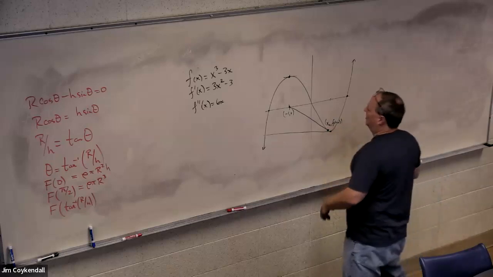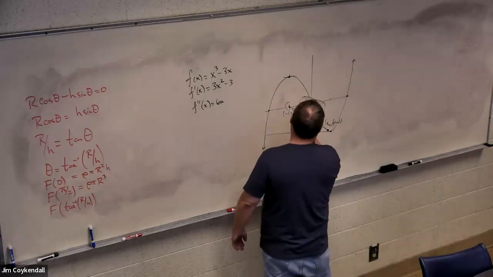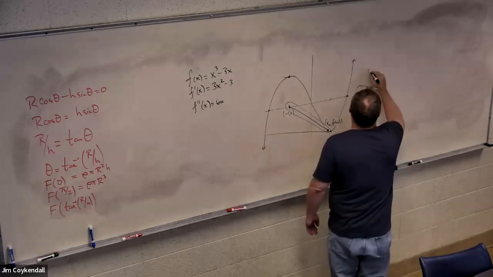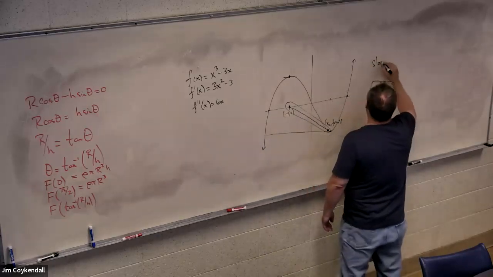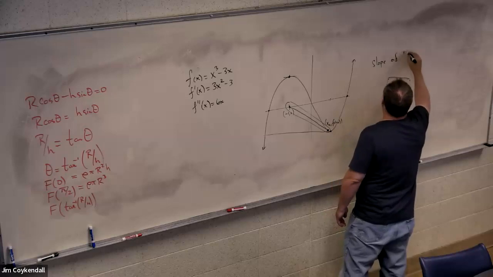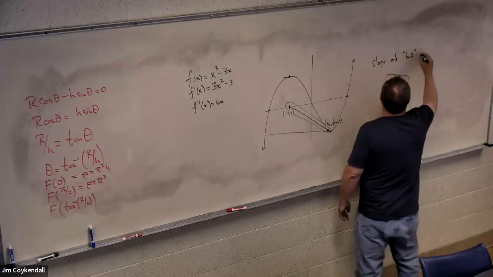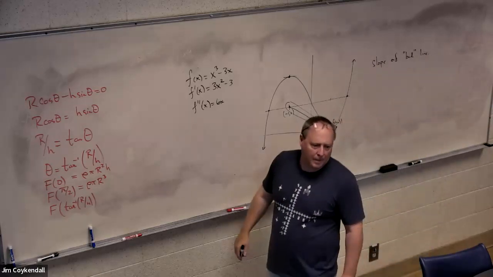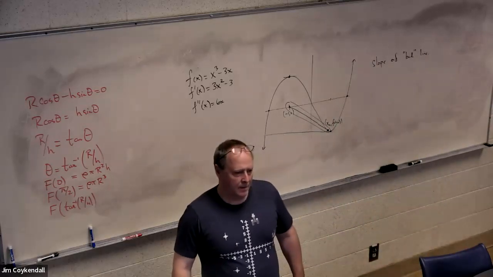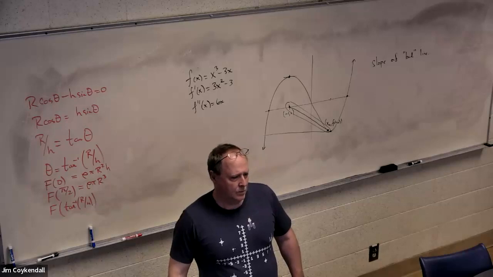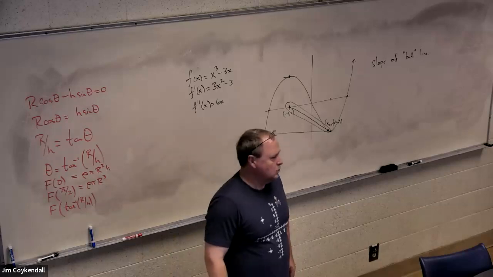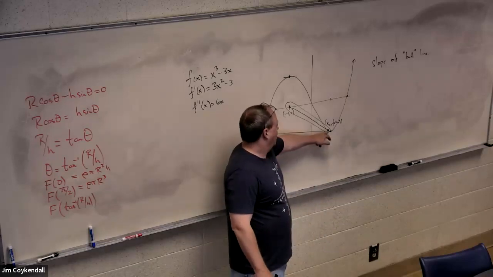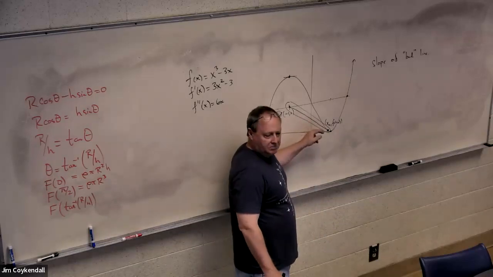So what is the slope of this line? There's two ways to do it. How do you figure out the slope of this?